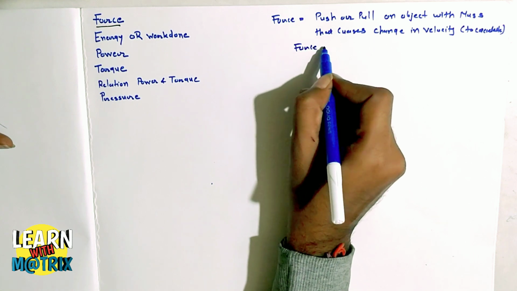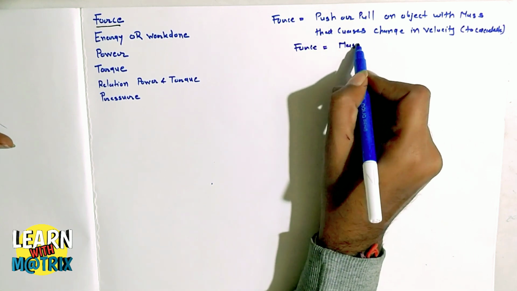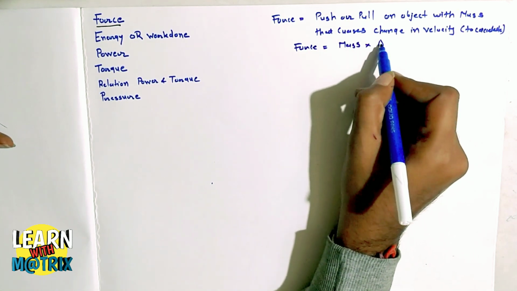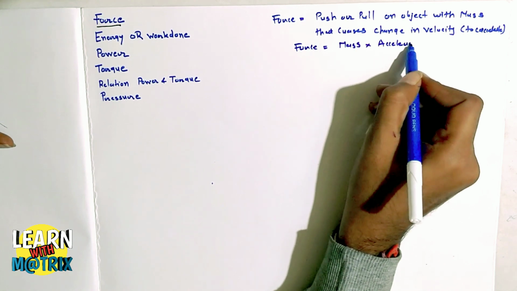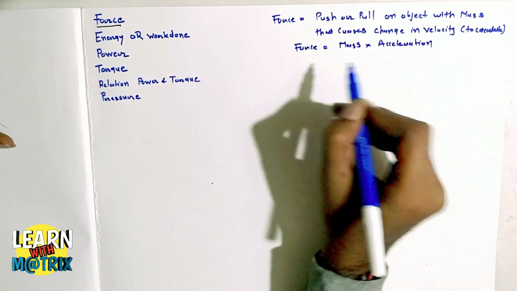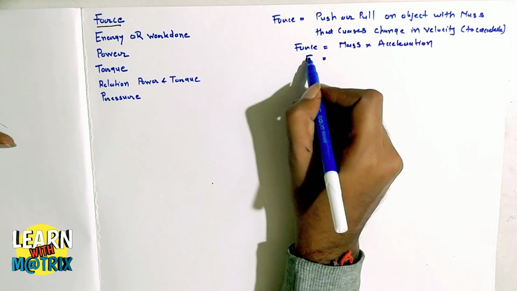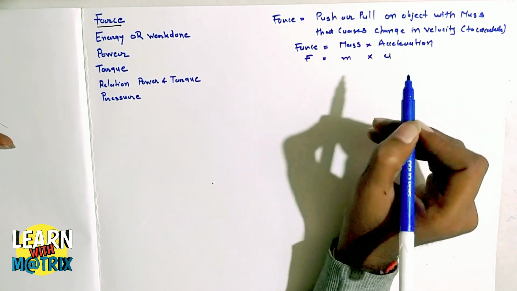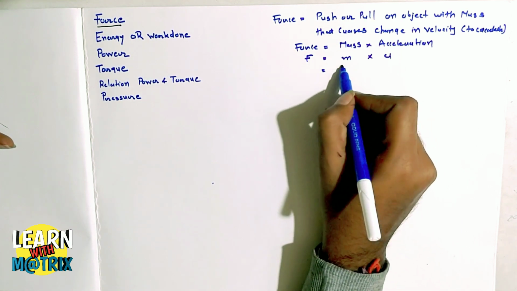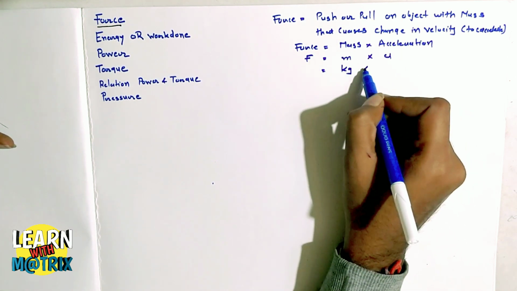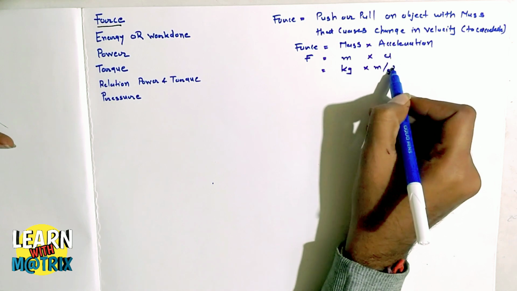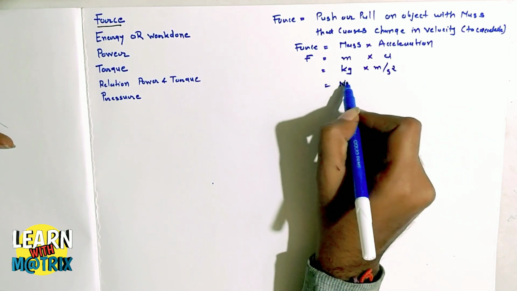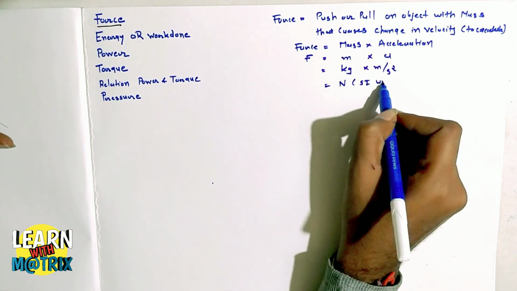So force is equal to mass into acceleration. F is equal to m into acceleration a, where mass has a unit of kg and acceleration has a unit of meter per second square, also called Newton in SI units.